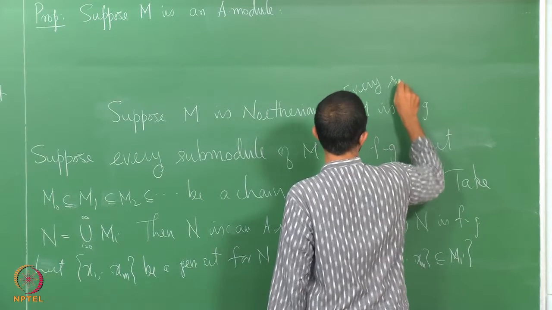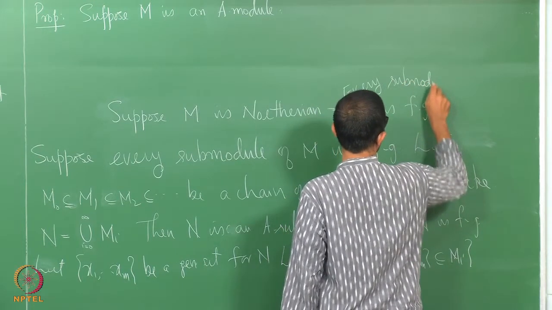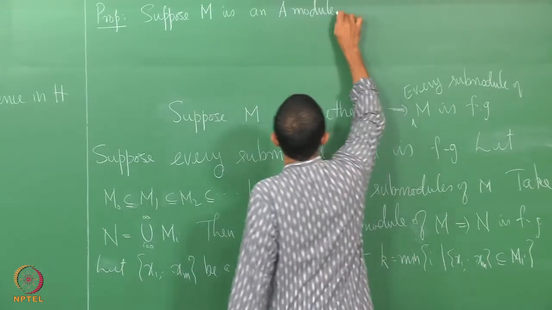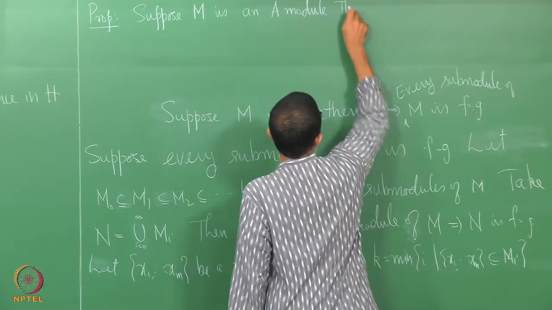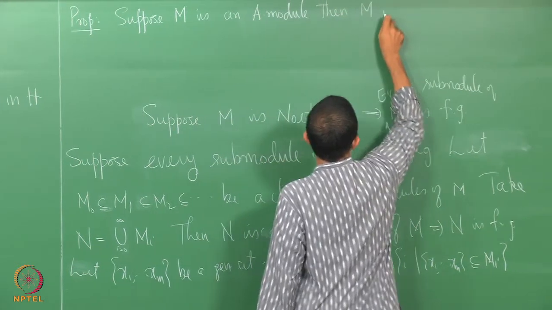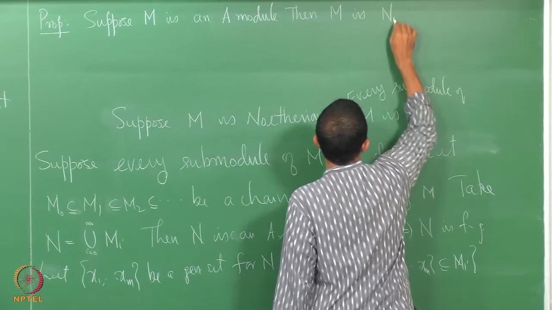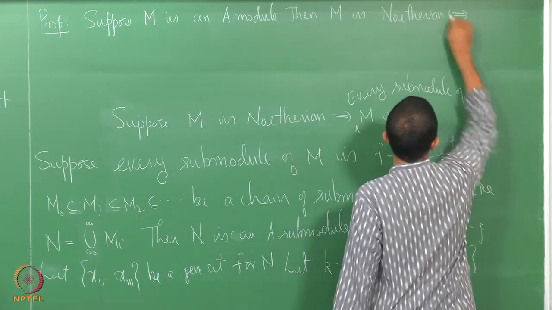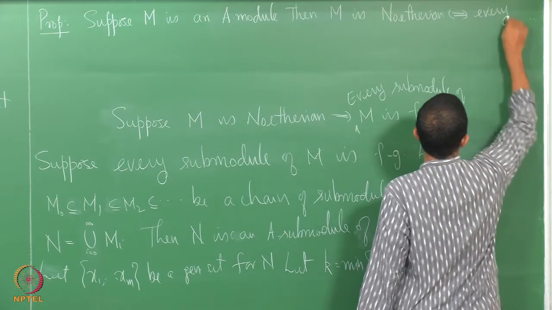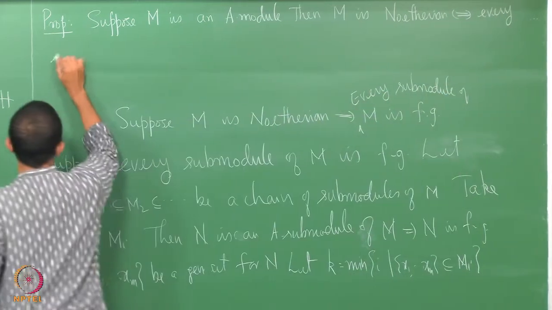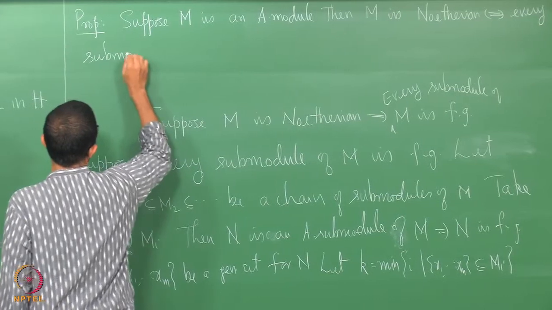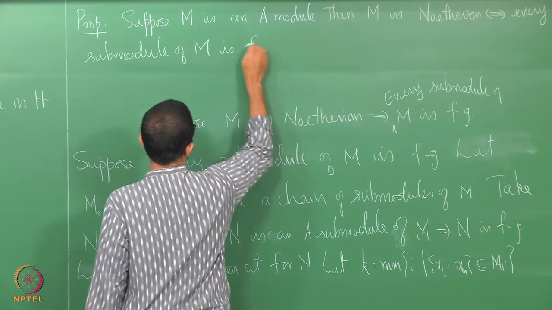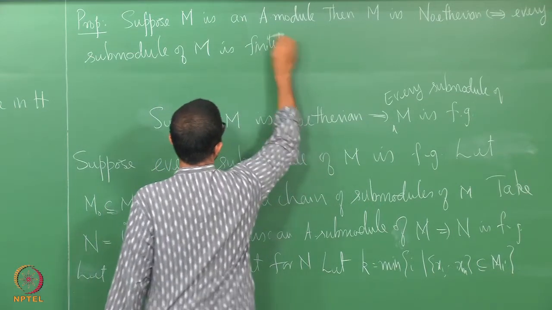So what we proved now is that M is Noetherian if and only if every submodule of M is finitely generated.